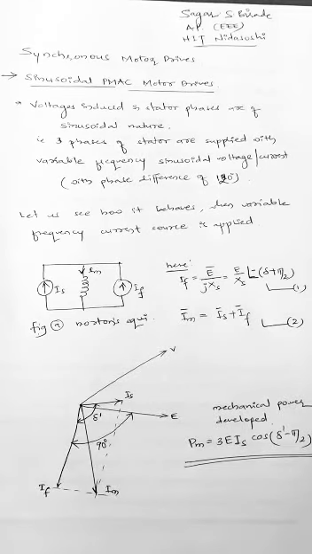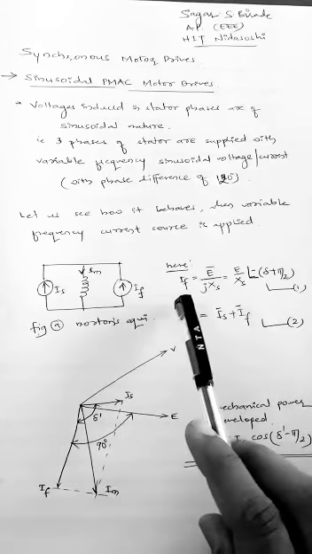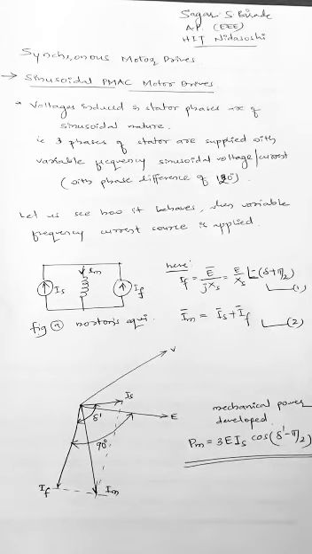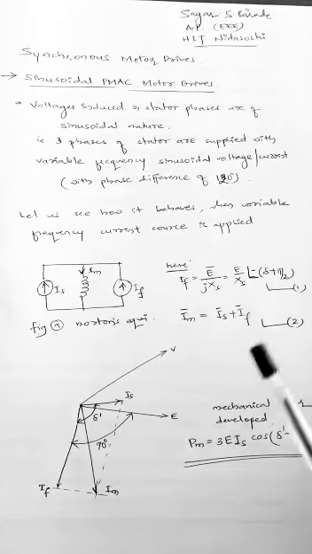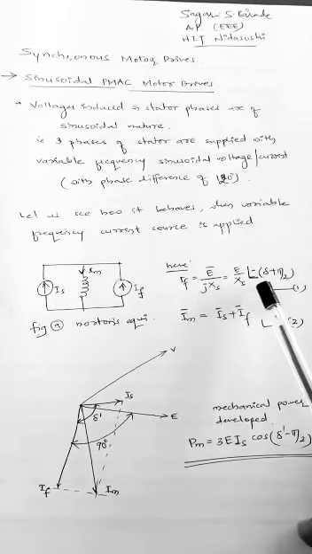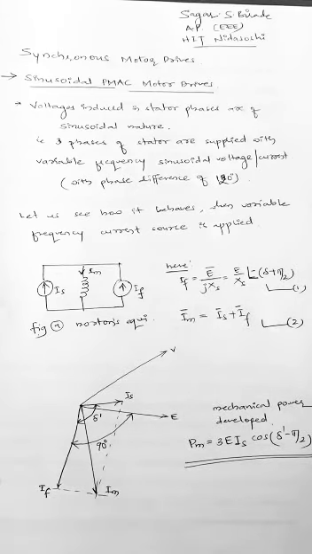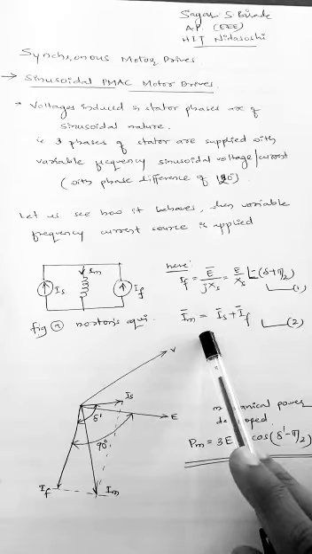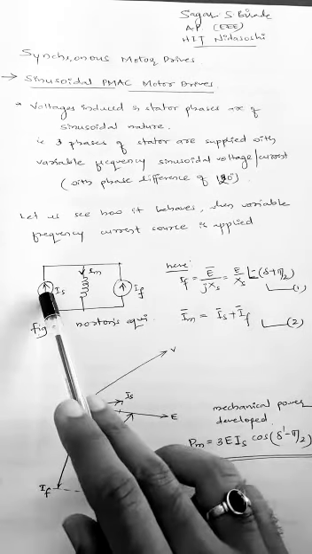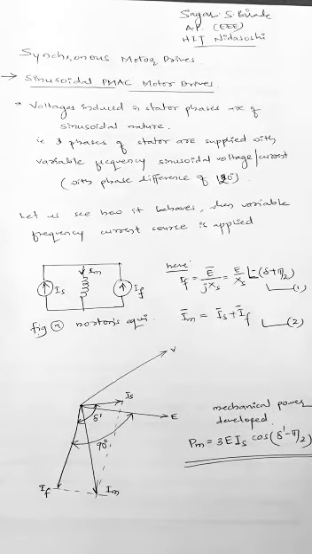Figure A shows the Norton's equivalent of a synchronous motor equivalent circuit, where If is given by E divided by jXs, that is E by jXs at an angle delta plus pi by 2. I'll call this equation 1, and Im is equal to Is plus If, the addition of both the currents.